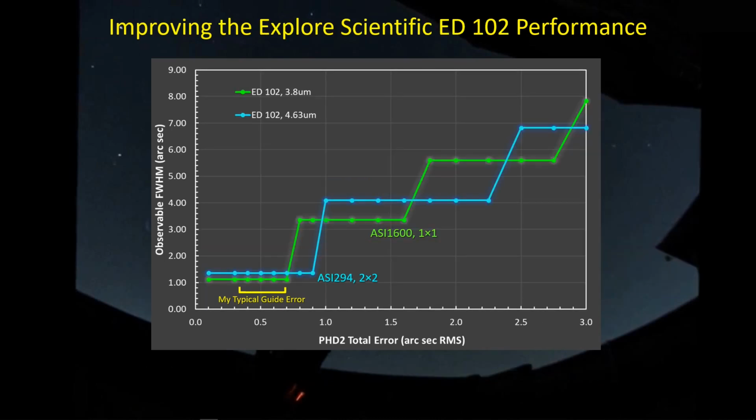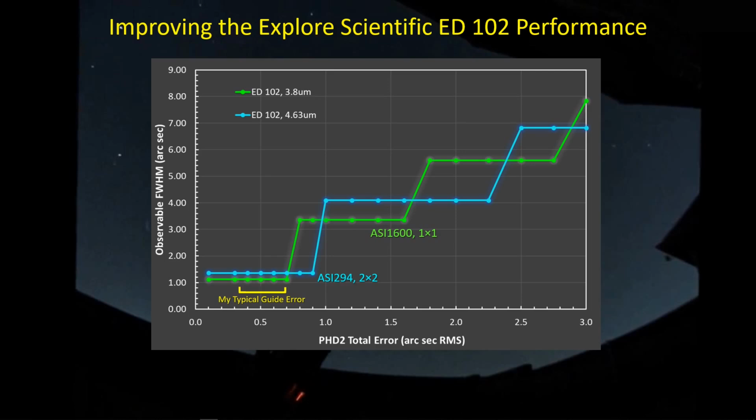Now, the Explorer Scientific is actually my best performing telescope and imaging system. With the ASI 1600 with its 3.8 micron pixels, the knee in the curve is right at the upper end of my guiding. It's giving me the best full width at half maximum that I can have, and that happens to be on par with what the Nyquist limit is telling me I have based on the actual performance of the scope.